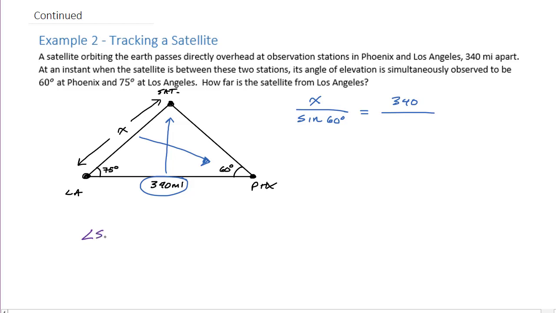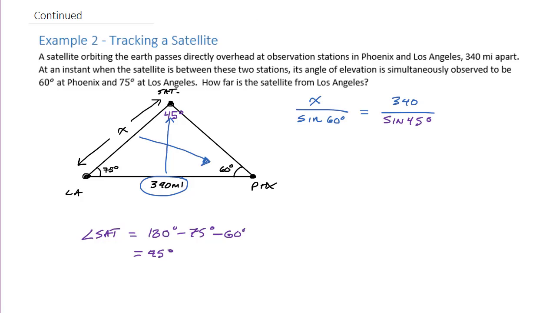So the angle at the satellite is equal to 180 minus 75 degrees minus 60 degrees, and we get 45 degrees. Sorry, the 4s keep getting attached with this pen and making them look like 9s. There we go. Okay, so sine of 45 degrees.